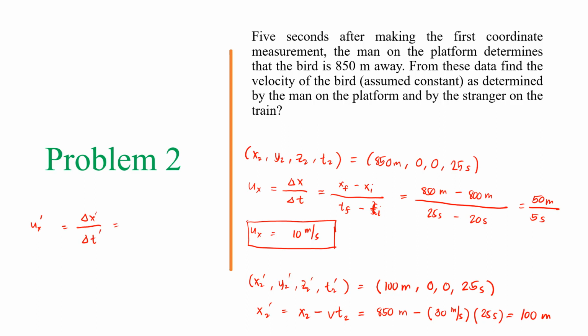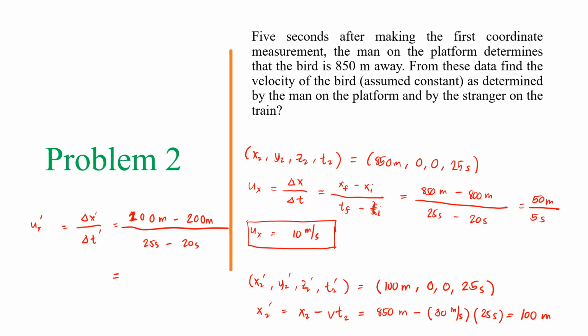Okay, so delta x prime: x final is equal to 100 meters, minus x prime initial, which is 200 meters, divided by the change in time, 25 seconds minus 20 seconds.